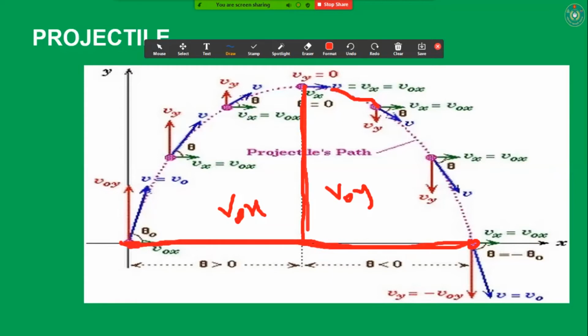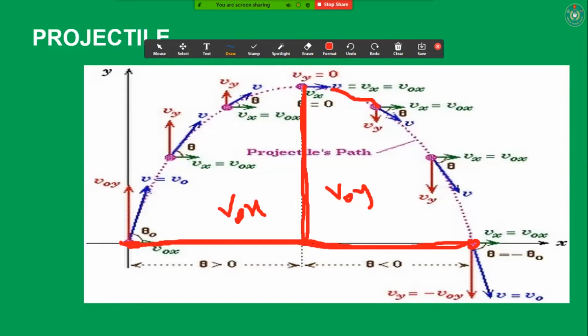So the ascending time and the descending time will be equal, and these two make a single time, that is time of flight. Time of flight means the time required to reach the maximum height and to reach the ground.